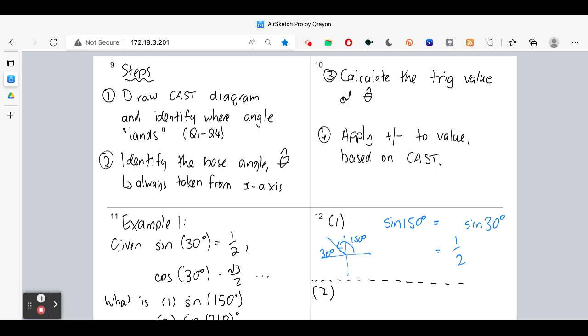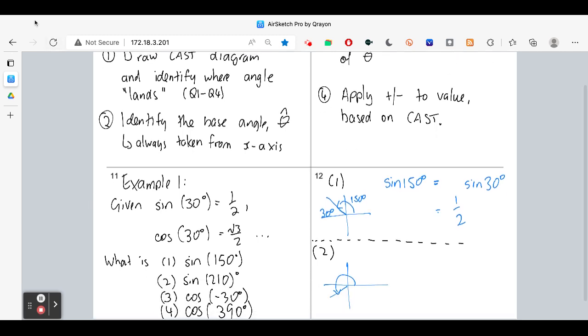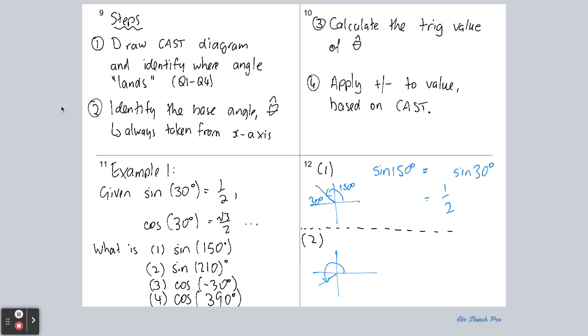Number 2, what is the sine of 210 degrees? I draw my cast diagram. I put my line in where I know 210 will be, which is here. I see where the line goes, and so that's 210 degrees here, and the reference angle is in here, right?